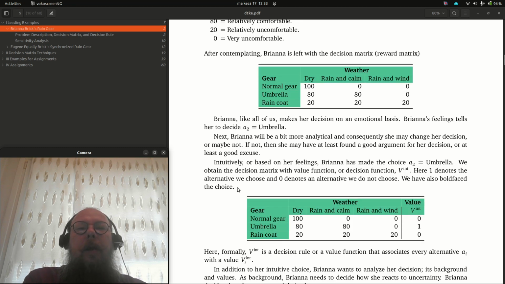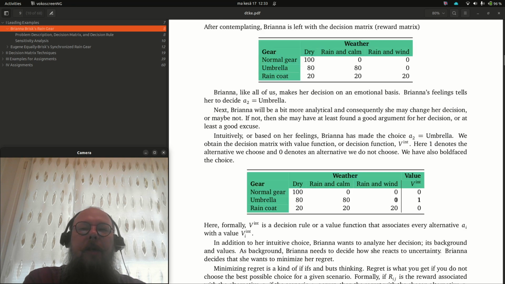Here I'm just saying that we can model this if we want: the intuitive choice is a value function, and the value function is 0 for all else but 1 for the choice. Then this fits into the modeling where the choice will be the one for which the value function gives the maximum. Okay.